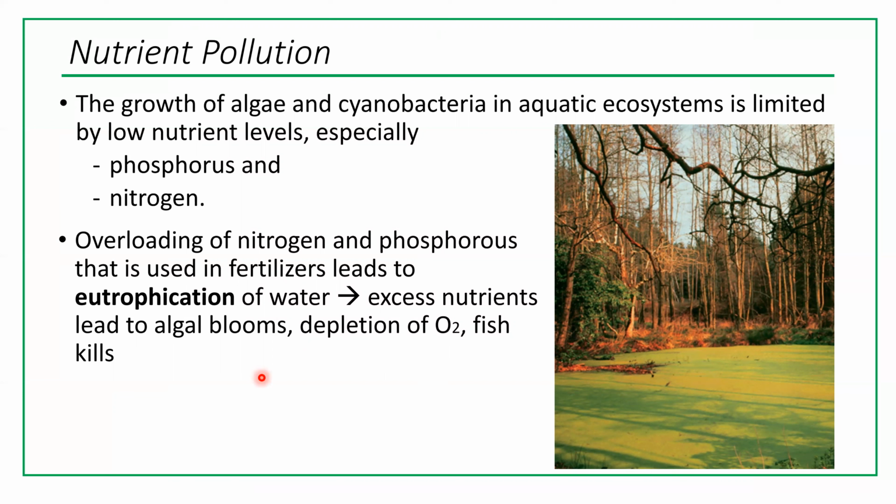This phenomenon is called eutrophication of water, which is excess nutrients that lead to algae bloom. Lots of algae use oxygen, and this leads to depletion of oxygen, and fish will die, and other animals will suffer. That's because lots of fertilizer is used, and fertilizer has lots of nitrogen and phosphorus, and now we're feeding these bacteria, and we're pretty much killing many other living organisms.